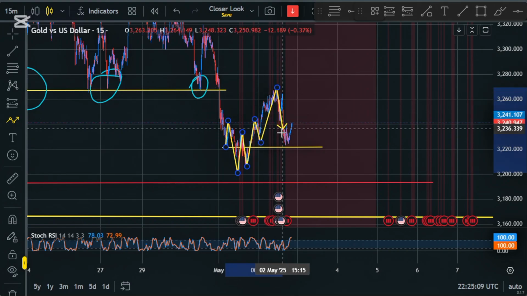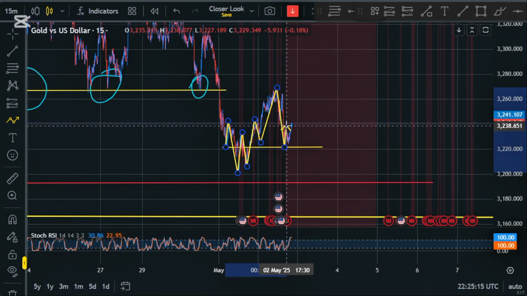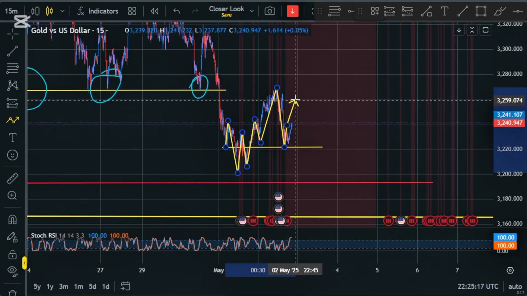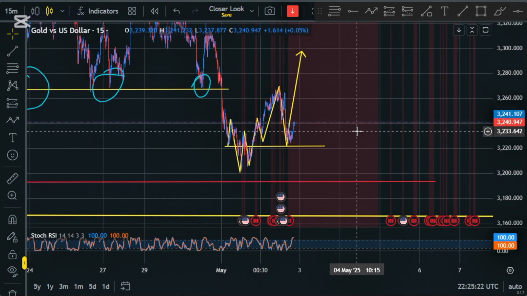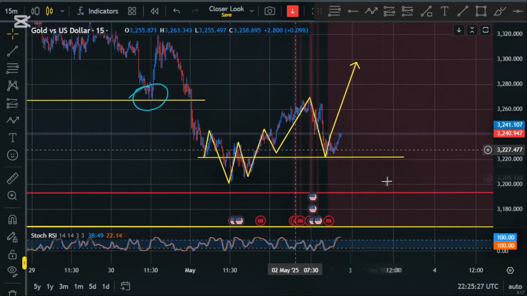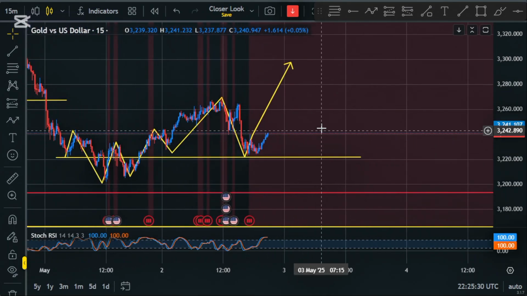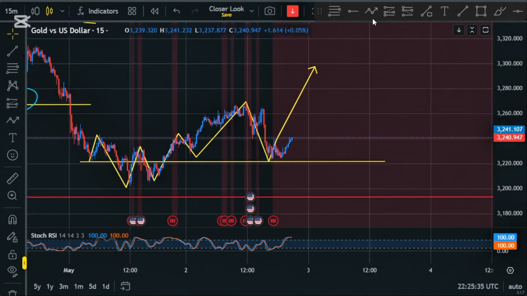So what I'm expecting is for this market to continue upward from this region.